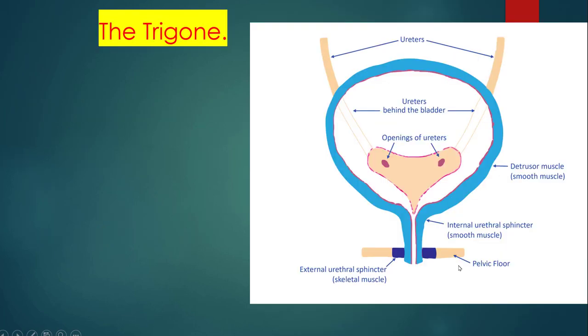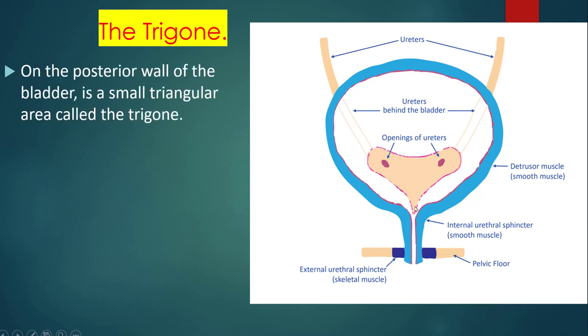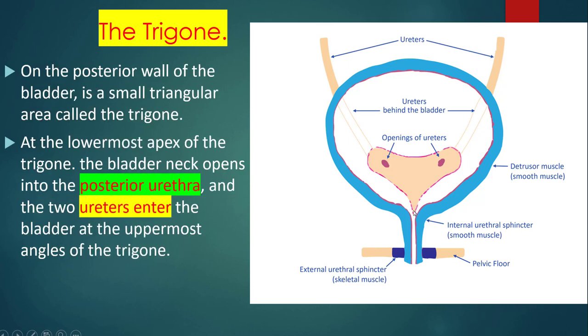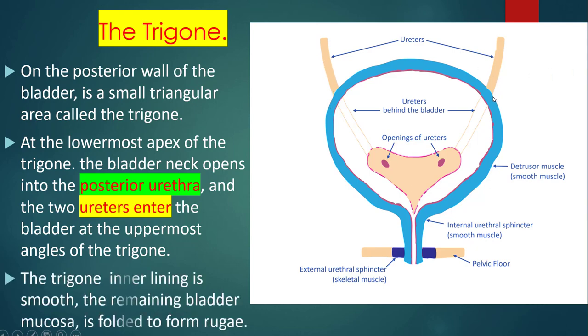The trigone. On the posterior wall of the bladder is a small triangular area called the trigone. At the lowest apex of the trigone, the bladder neck opens into the posterior urethra, and the two ureters enter the bladder at the uppermost angle of the trigone. The trigone inner lining is smooth.